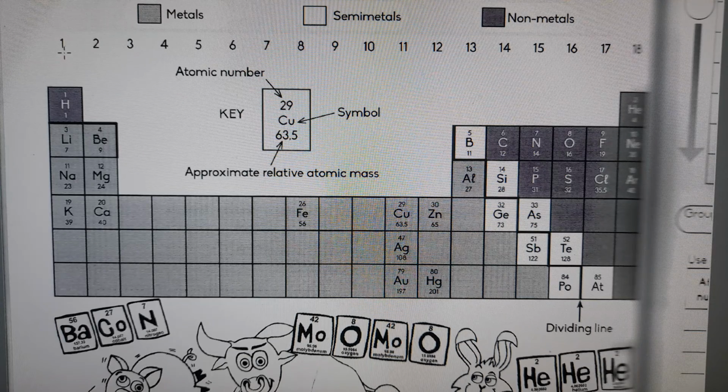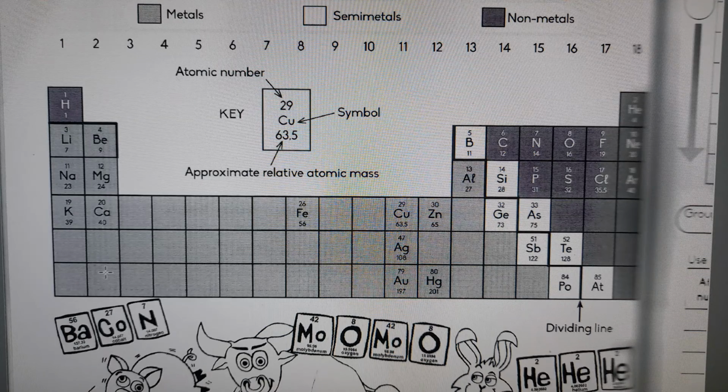And then they say the vertical rows are called groups. So this is group 1, this is group 2, this is group 3, this is group 4, all the way to group 17 and group 18. They say this way the elements are arranged according to their properties, which means in group 1, all the elements have the same properties.